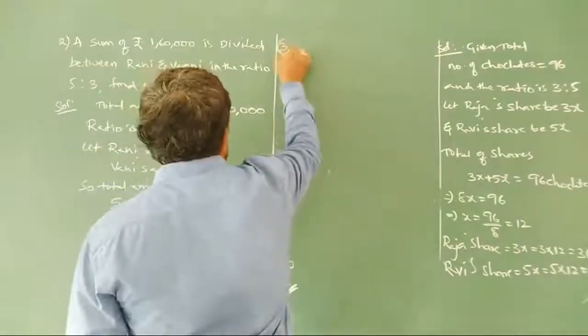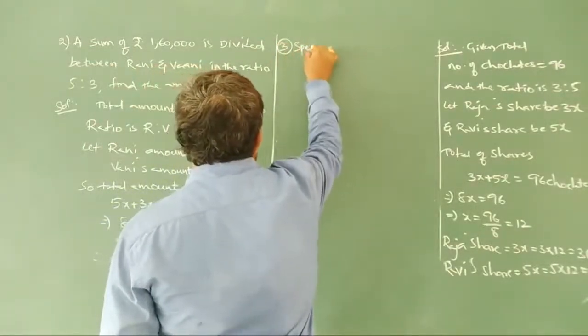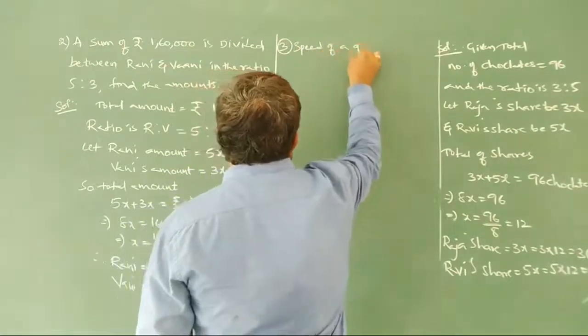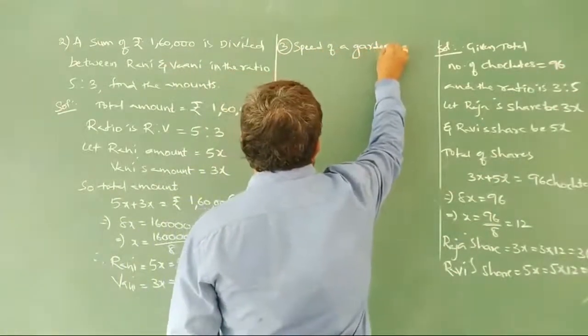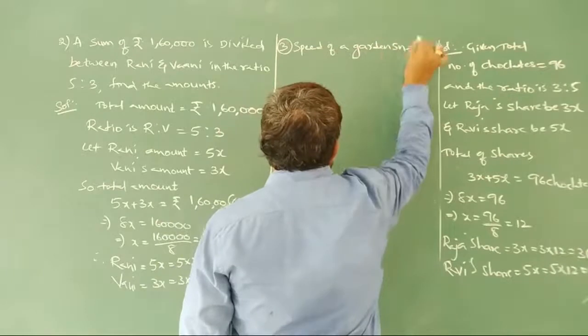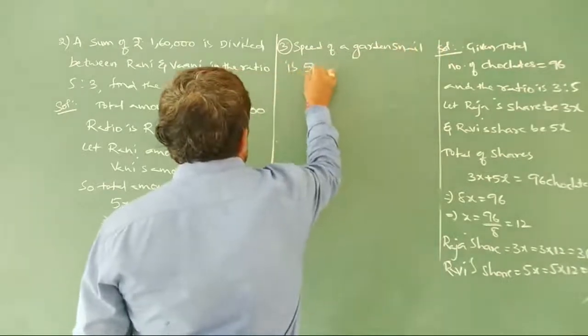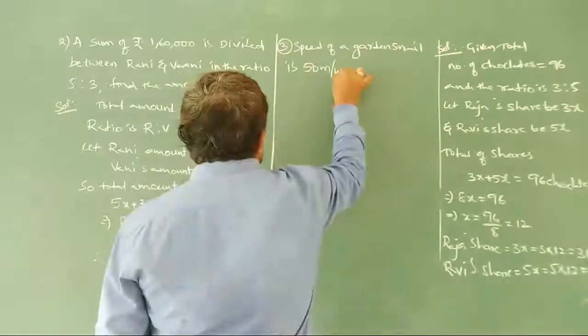Problem number 3 we are taking here. Speed of a garden snail is 50 meters per hour.